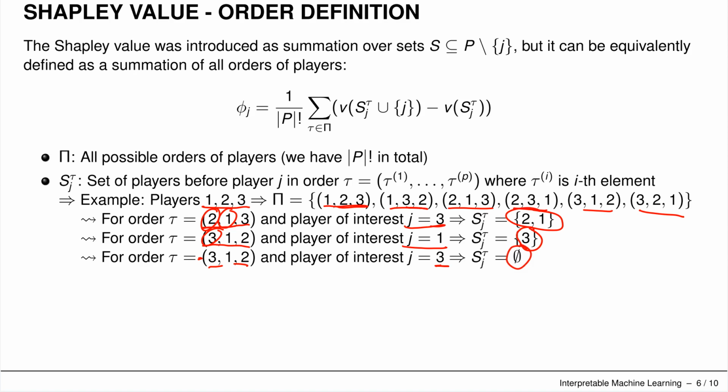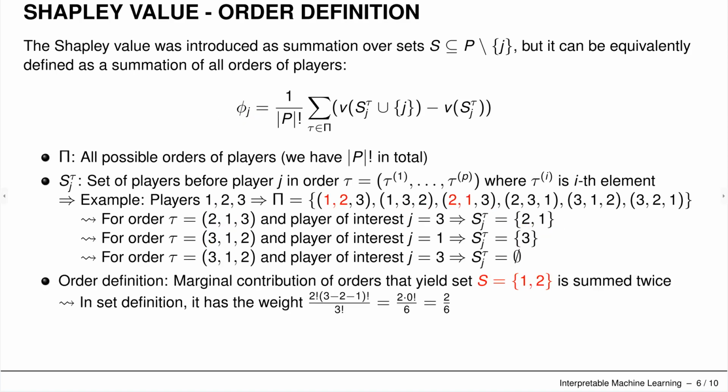And we do that for all possible orderings, and that also gives us the Shapley value φ_j. So this is then the marginal contribution of orders, but the set S, 1 and 2, is summed twice. So we have 2 orderings where 1 and 2 are before 3, and the contribution of player 3 to these coalitions should always be the same.